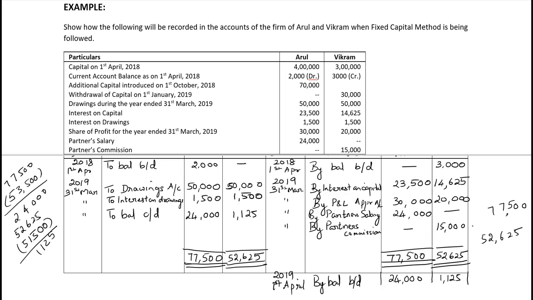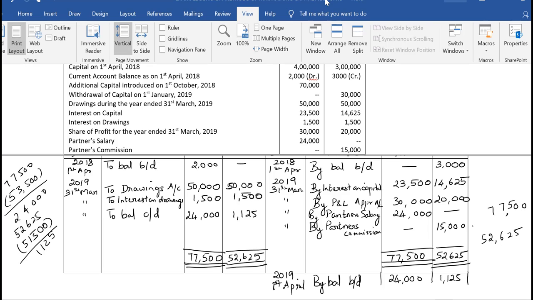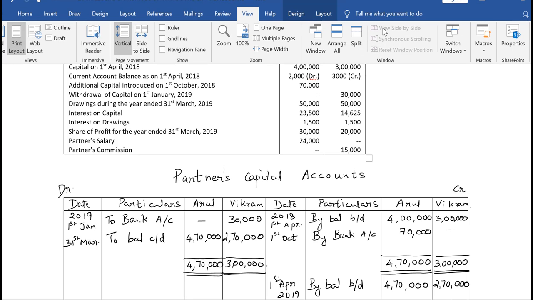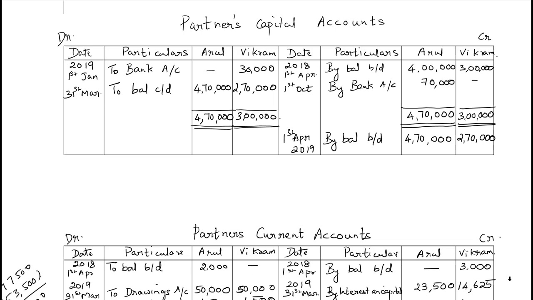We've completed the current account. I'll remove the split and we can view both the accounts together. So this was the partner's capital account, the first account that we prepared.